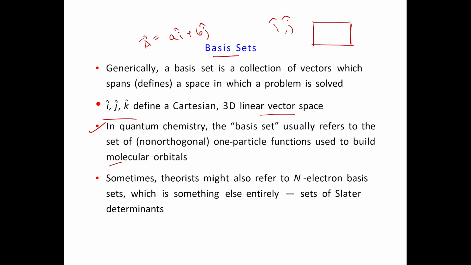Sometimes theorists also refer to the n-electron basis set, which is something else entirely: a set of Slater determinants. When we go to CIS, configuration interaction singles, or CISD, singles and doubles, they are actually the whole n-electron Slater determinants, and they represent your basis sets there. The same holds when you go to coupled cluster and equation-of-motion coupled cluster, and many other methods. Why do they form an orthogonal basis set?